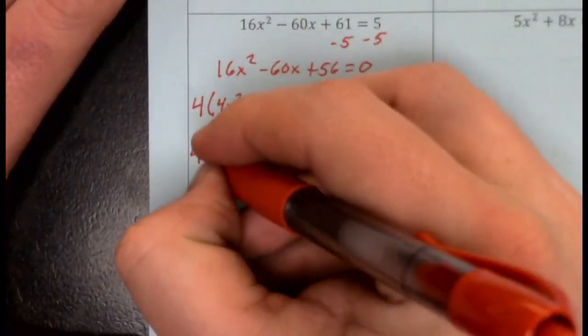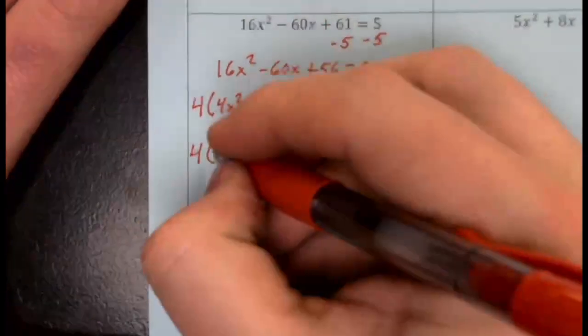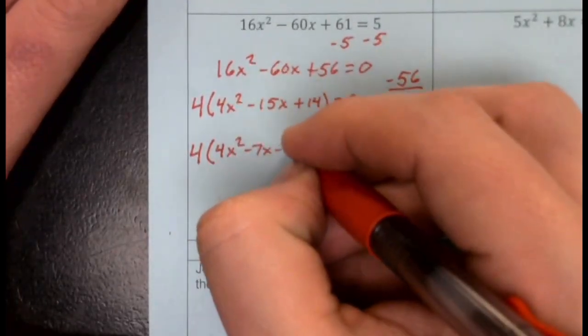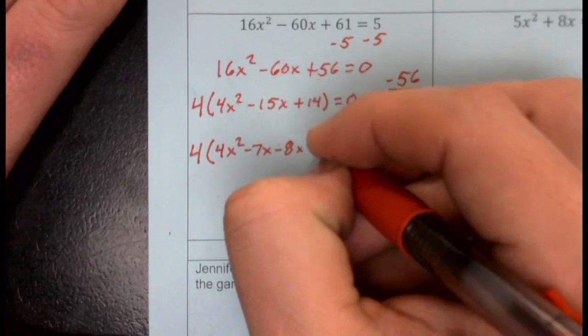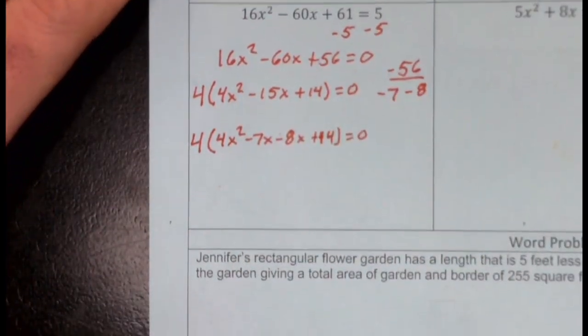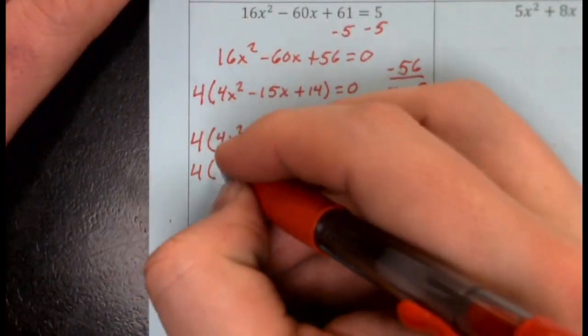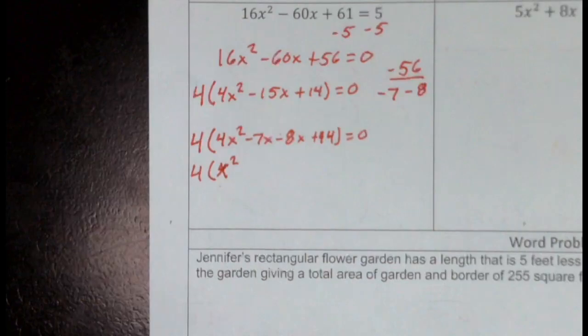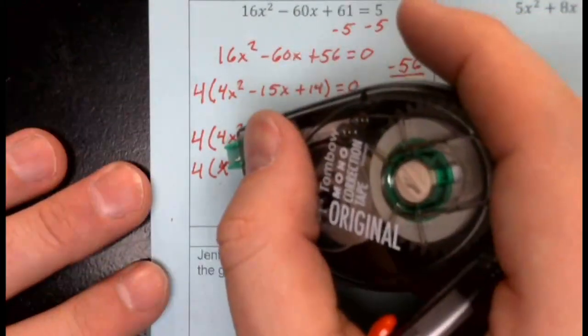That 4 we took out is just going to chill out in front. Factor by grouping. All I can take is an x, not an x squared, just an x. Apologize.